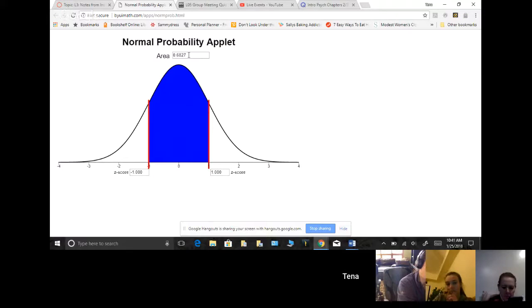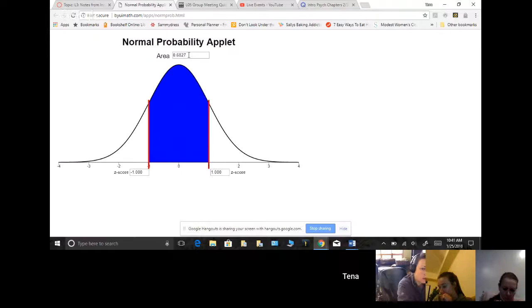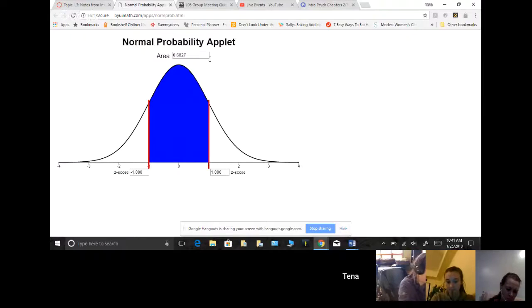And up here I receive the area, which is a percentage, which is 68%. Because they're saying give your answers as a decimal, accurate to 3 decimal places. So would it be 0.682 or 0.683? Yes. Okay.